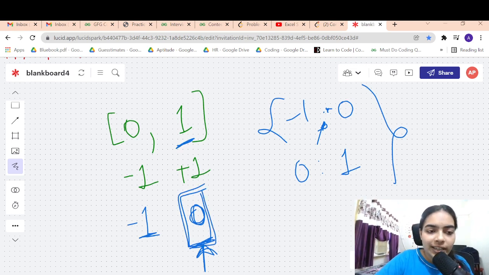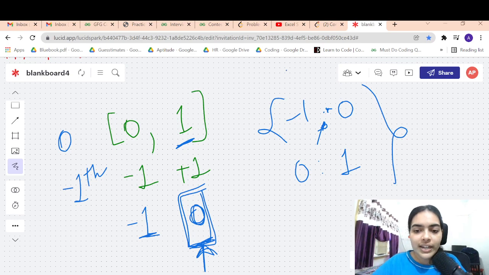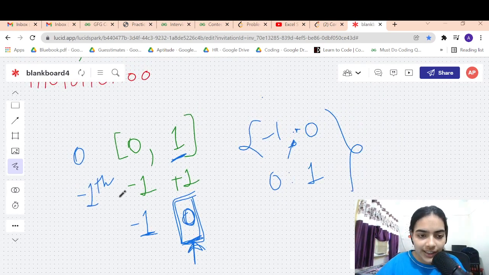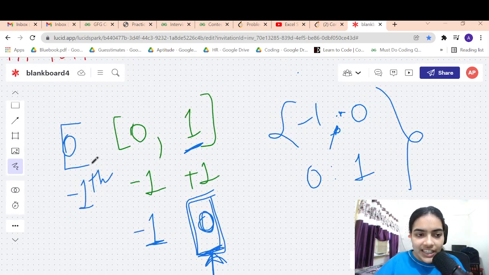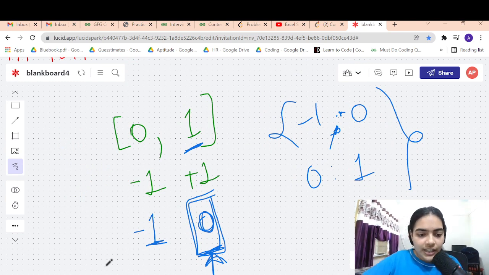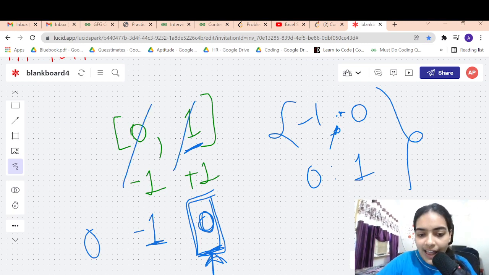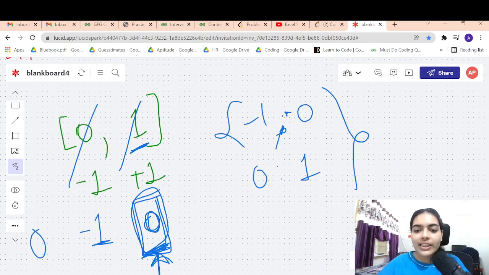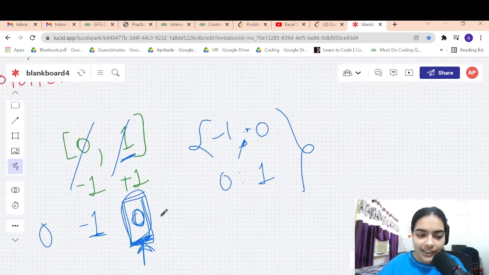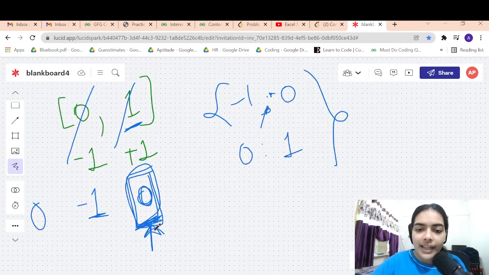That means you can consider a 0 that is there at the -1st index. If in the map you store a 0 occurring at the -1st index, that means the sum was initially, or originally, 0. Then you gave a +1 and a -1 and the sum cancelled and became 0 again. So the small trick is that in the map you give that there was already a 0 at the -1st index.